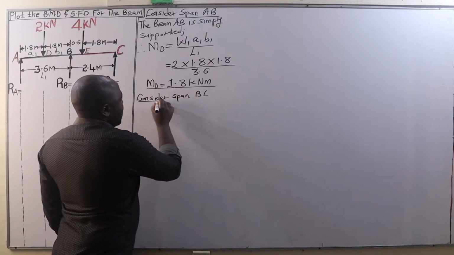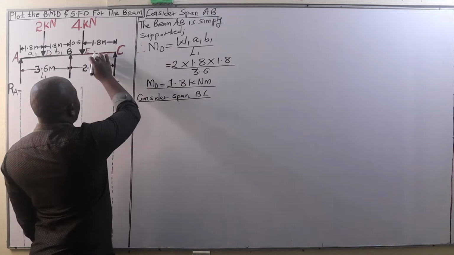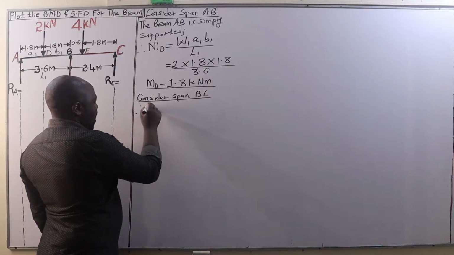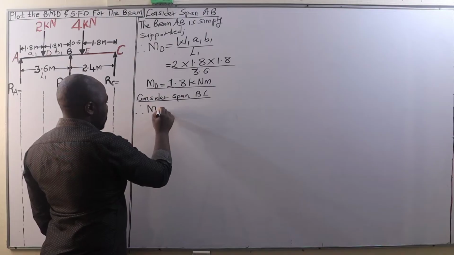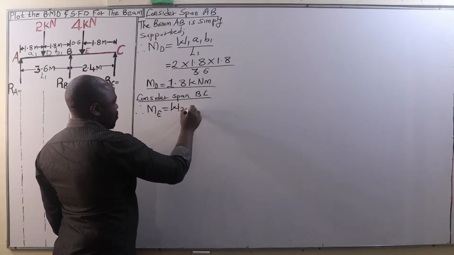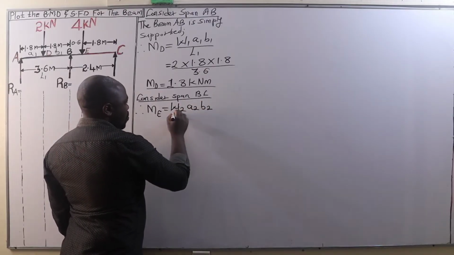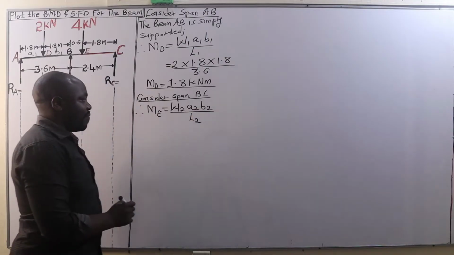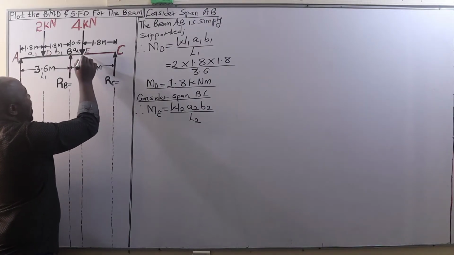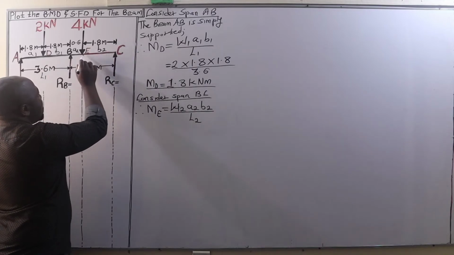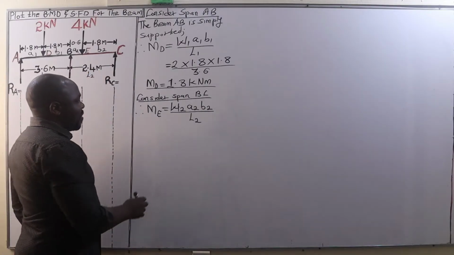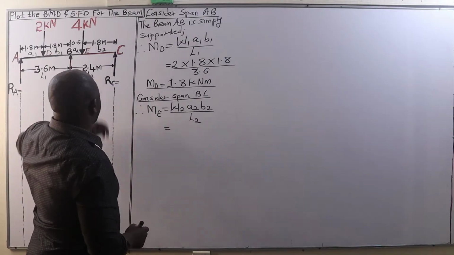Likewise, the beam BC is also simply supported, and therefore the bending moment at point E, where we have a point load of 4 kilonewtons, will be given by W2 A2 B2 all over L2, whereby A2 is the distance between B and E, B2 is the distance between E and C, and L2 is the span between B and C. And therefore, W2 is 4 kilonewtons.